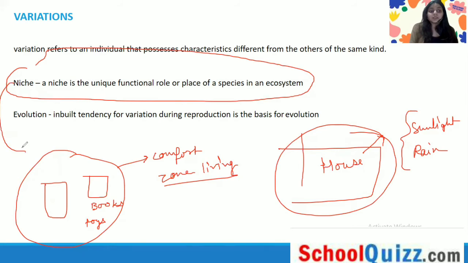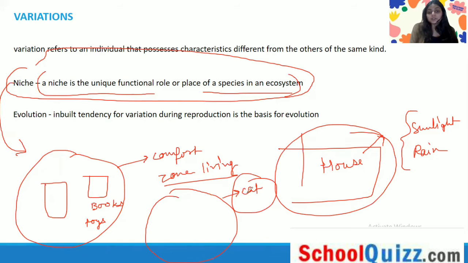Same with the niche. A niche is a unique functional role or place of a species in an ecosystem. Let's suppose it is an ecosystem, and there is a species like a species of cat. In this ecosystem there are some places like this place. This place will be a cat niche, because in this place the cat survives. This is the comfort zone of the cat.